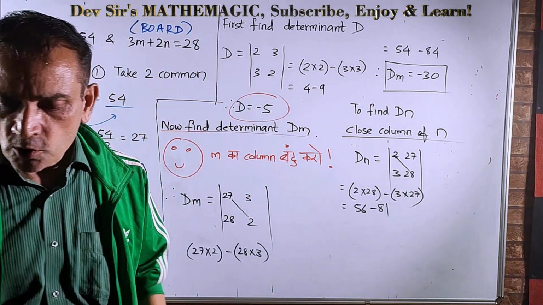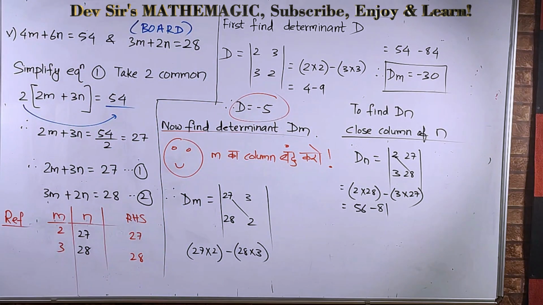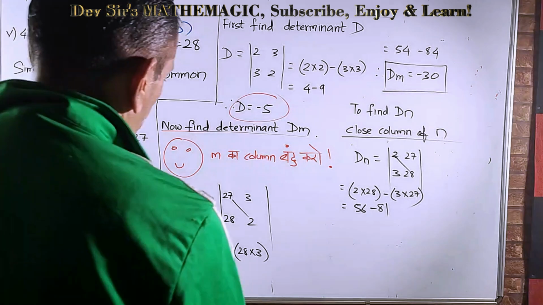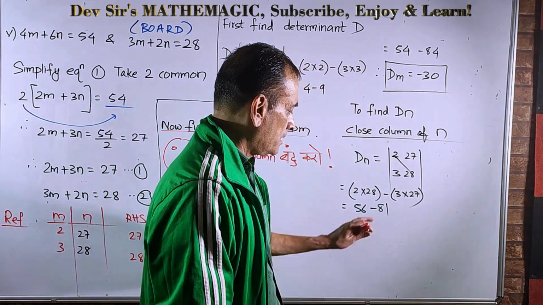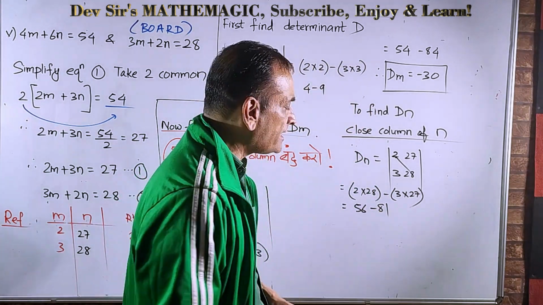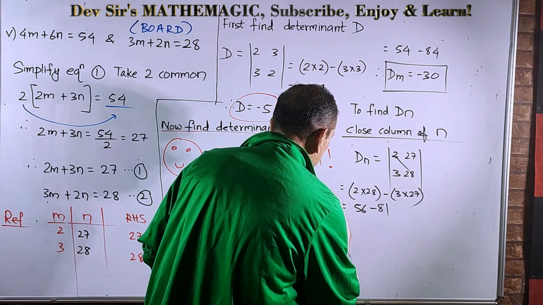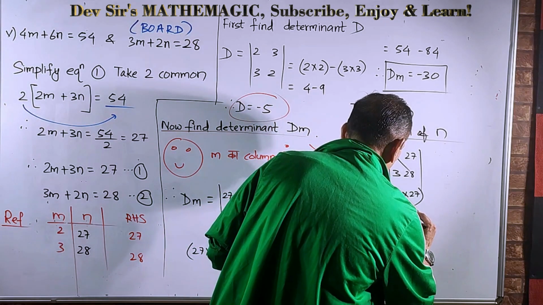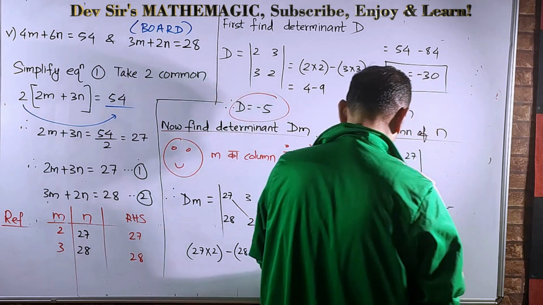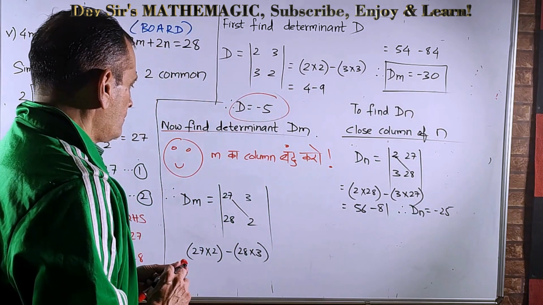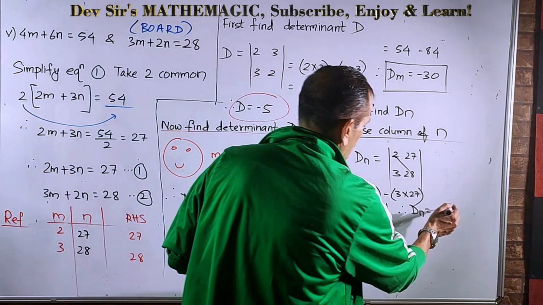Subtract, quickly. 81 minus 56 is 25. But the bigger number is minus 81, so Dn is minus 25. Let me mark this also and keep it.